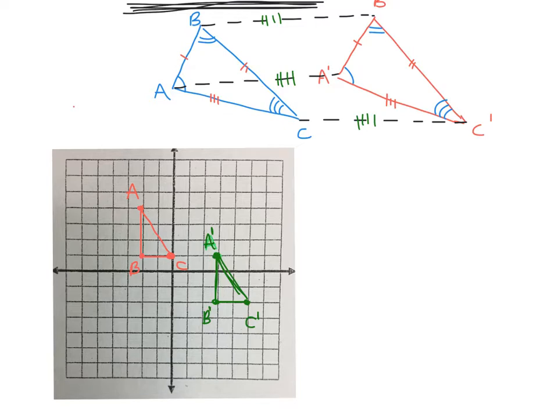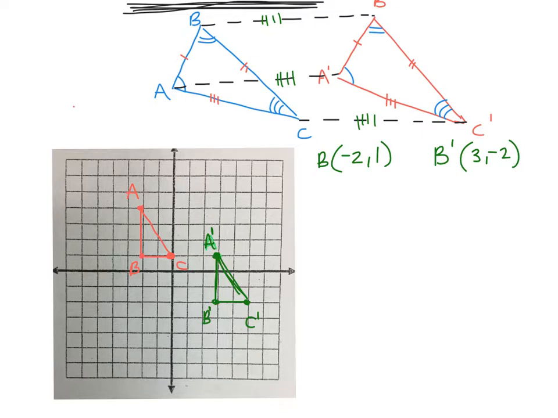And the way that we would write it, if you think about your x values, for instance, B was the point (-2, 1). Well, B prime became the point (3, -2). You got to think, how much did those move?